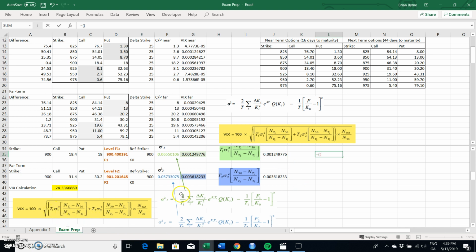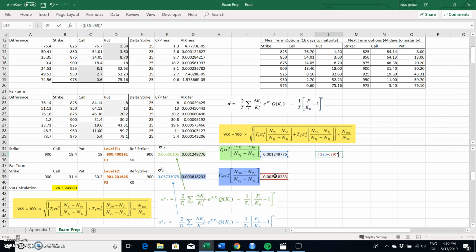We take this term, that value, and we add the second term here, which is what we've just done. So I'll just add this value here, plus this value here.